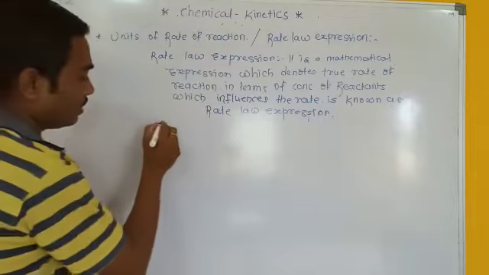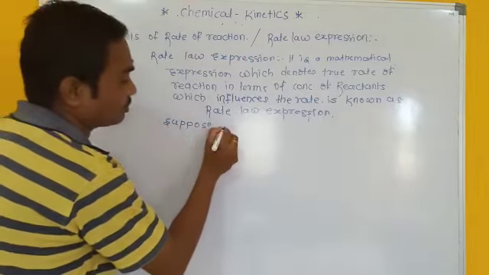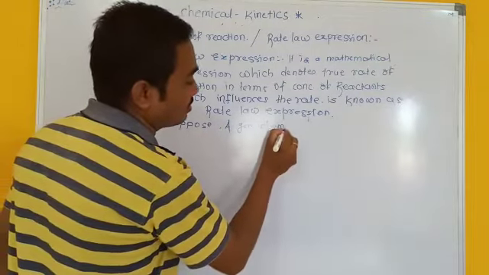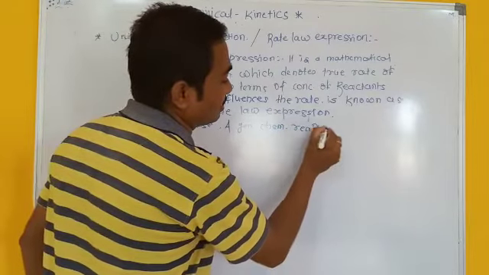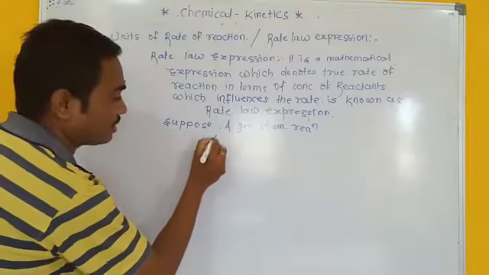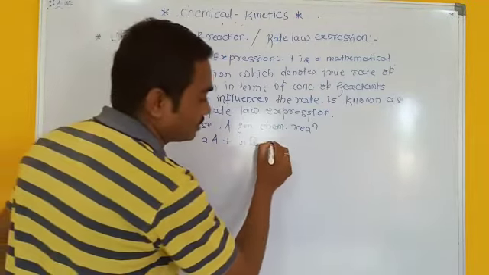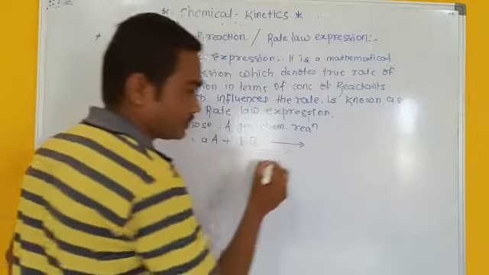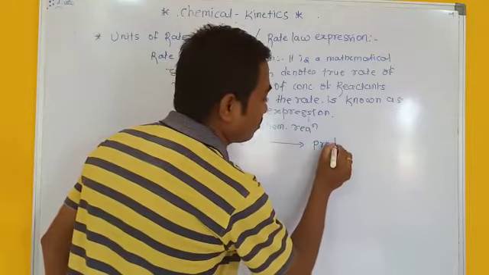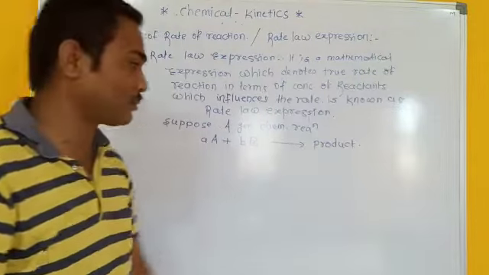Suppose a general chemical reaction is aA plus bB changes to product.